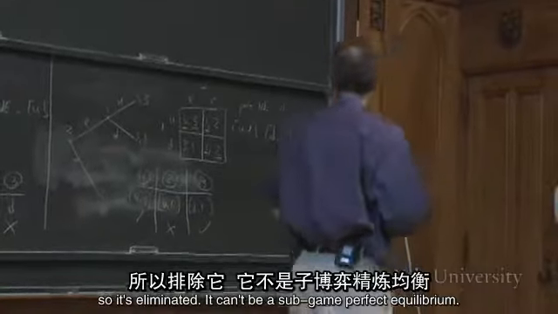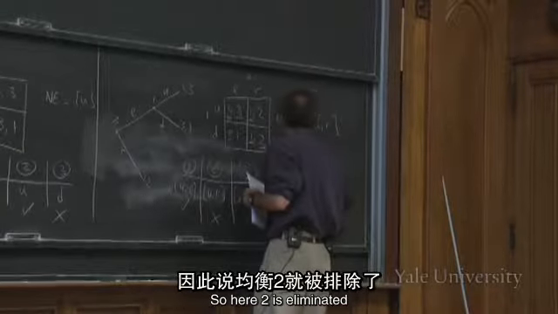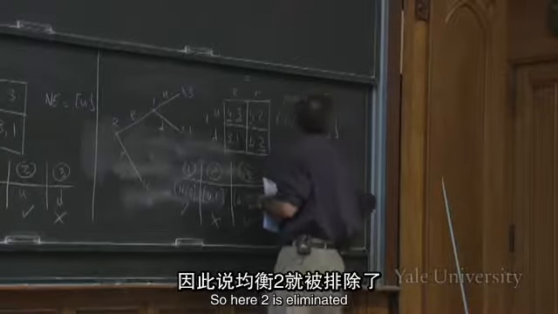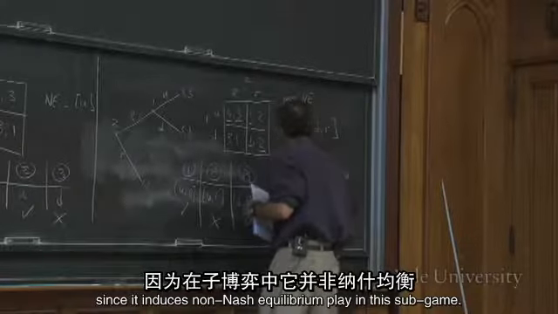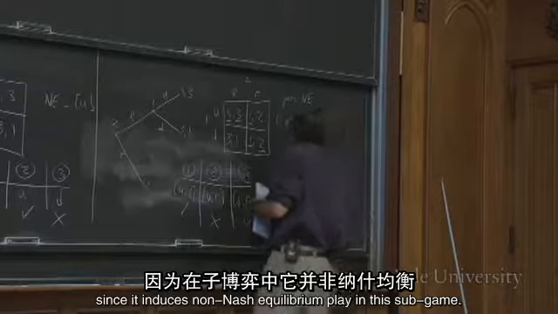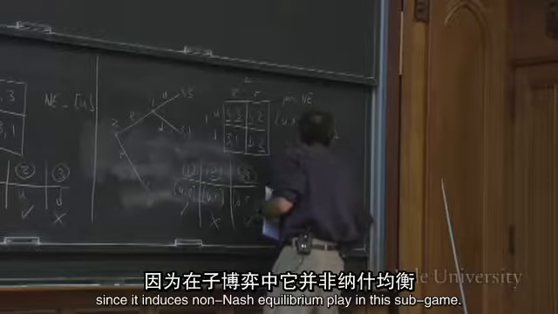It can't be a subgame perfect equilibrium. So here, 2 is eliminated since it induces non-Nash equilibrium play in this subgame.